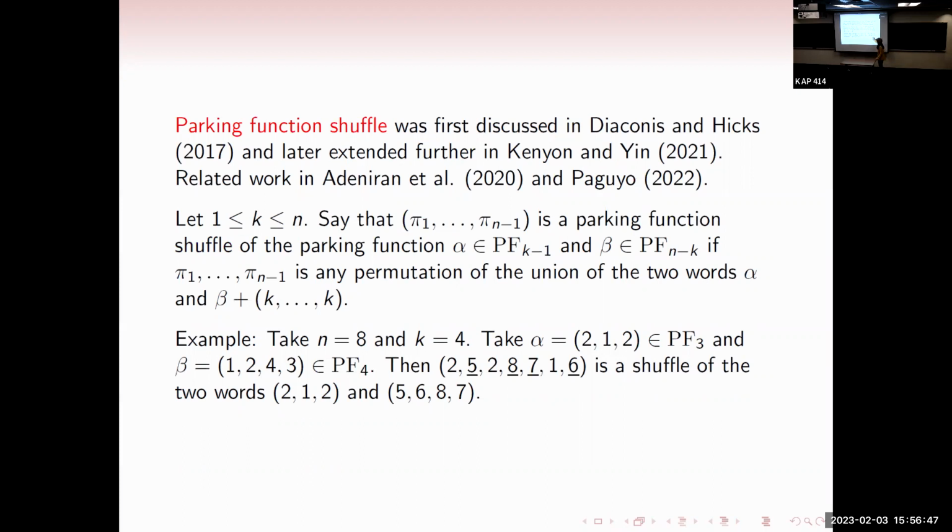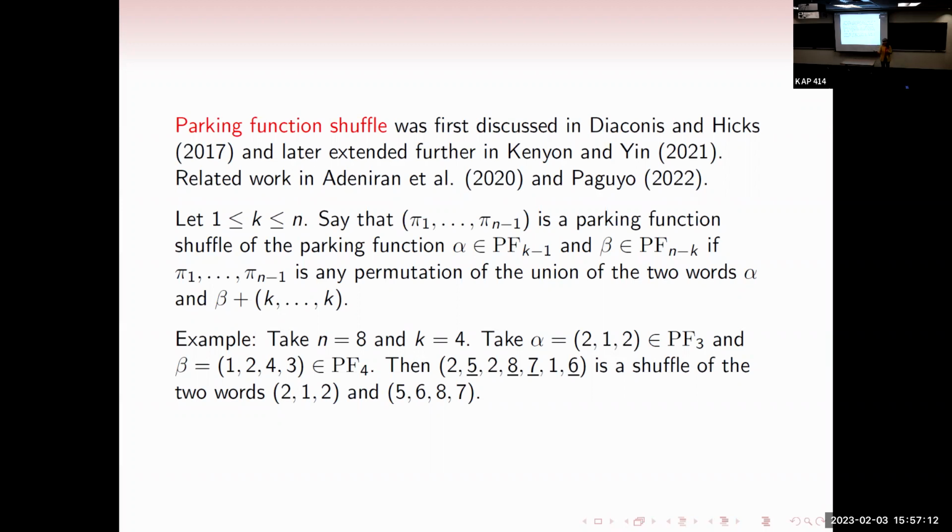Again, this is a basic version, which can be generalized further. So the shuffle idea says the following. Pi 1 through pi n minus 1, namely the preferences of the first n minus 1 cars, is a shuffle of 2 smaller parking functions, one of length k minus 1, the other of length n minus k.